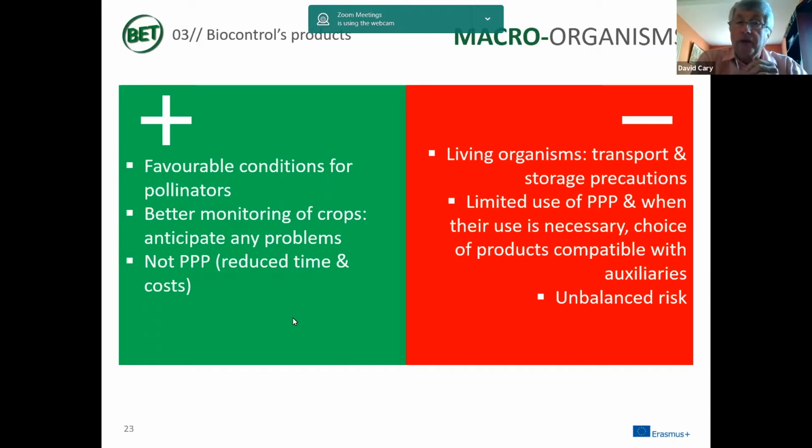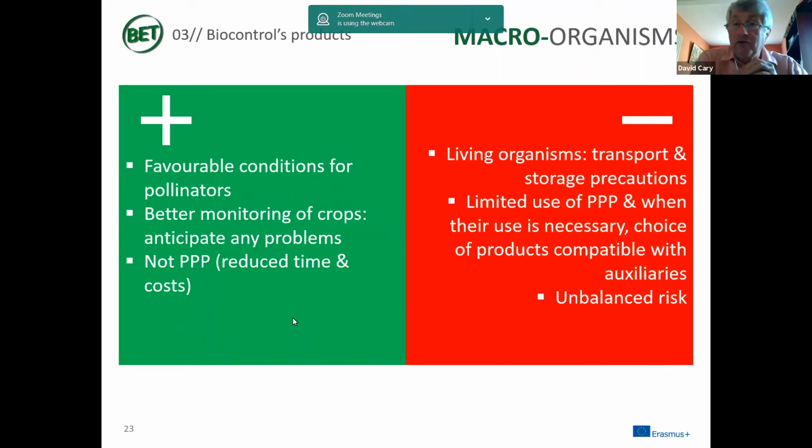They certainly come along with better monitoring of crops. When people have been using macroorganisms, they've also been crop walking on a regular basis. They know what's there, they anticipate the problems, and they've generally got a crop in better balance while they're using these things.